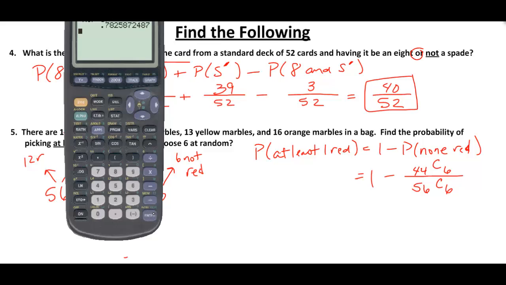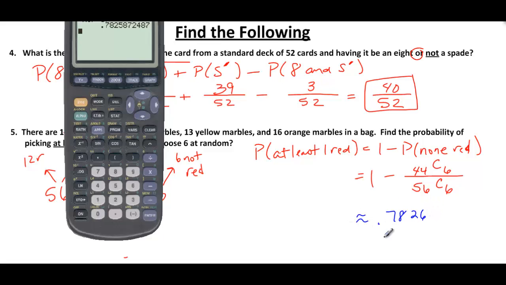And that's going to give me my decimal. So I'm going to get approximately 0.7826. So the probability that if there are these 56 marbles in a bag, that I pick 6 and at least one of them is red, I have a 78% chance, or over 78% chance, that at least one of them will be red.